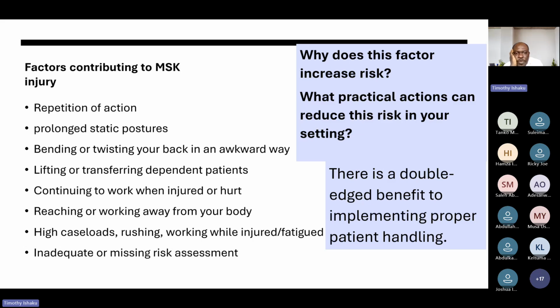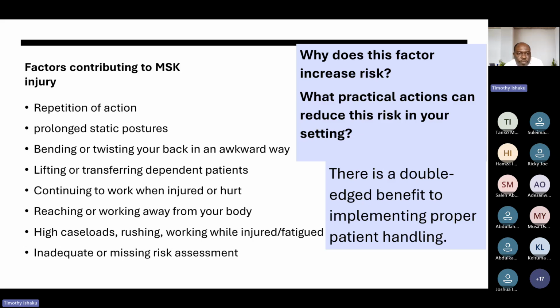But apart from you is the benefit of it. The benefit, apart from you, is also your patients and your service users. And that takes me to my next point. There is a double-edged or maybe triple-edged benefit to implementing patient handling. One is to us as the clinicians or the healthcare workers, whether the physios, the nurses, the healthcare assistants, or whoever is involved in helping those patients.